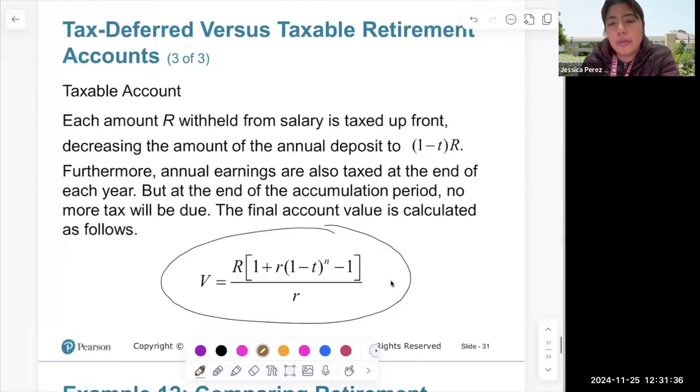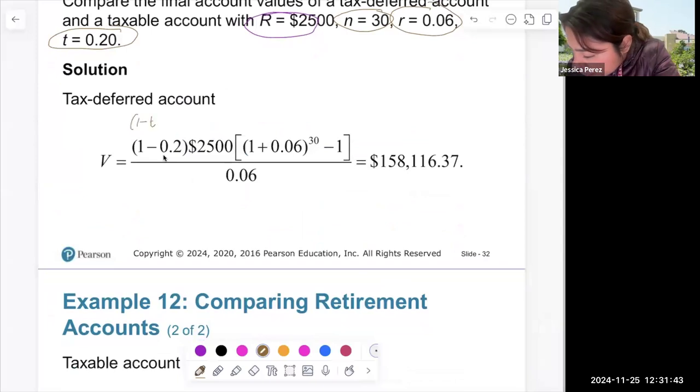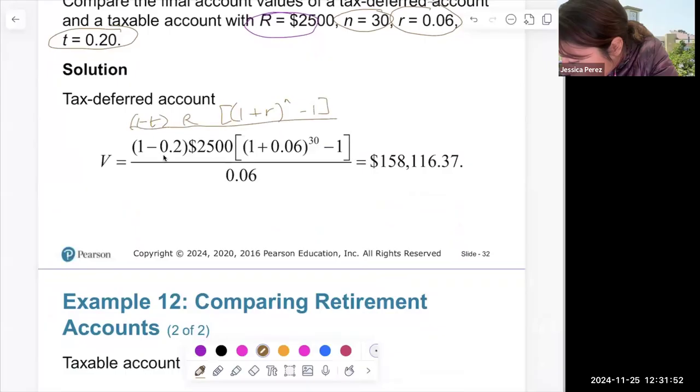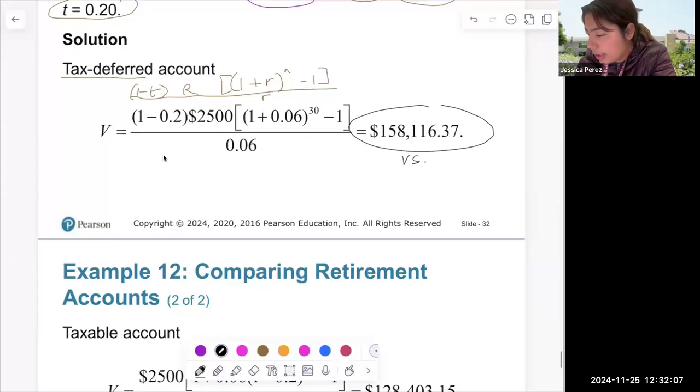There it is: 1 minus t, R, 1 plus r to the n minus 1 all over r. So when we plug it in, this is the tax deferred, we're going to get 158,116.37.